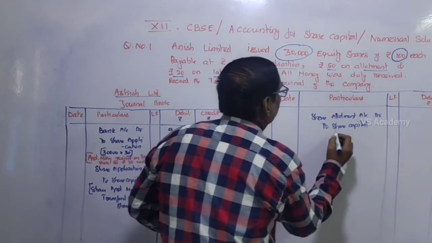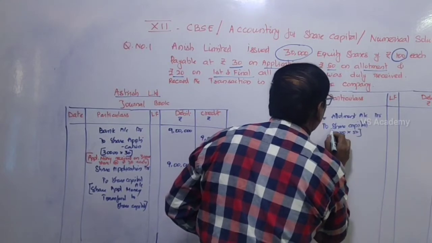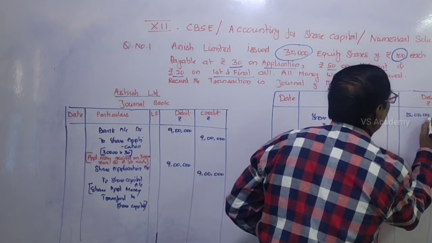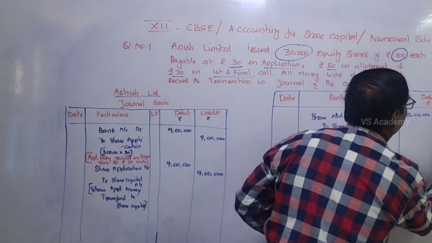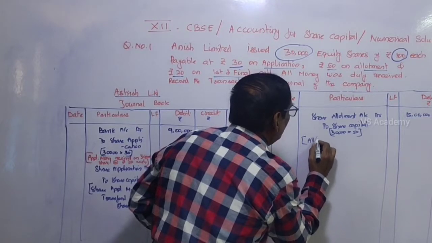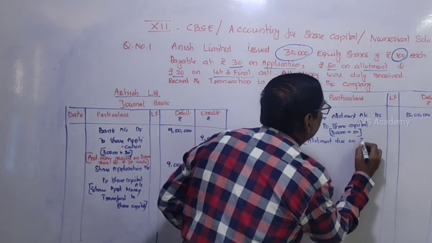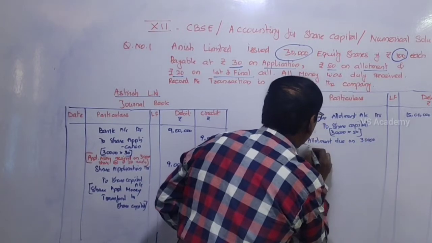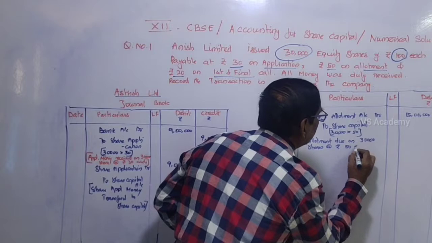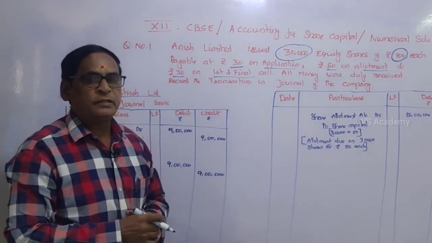How much? 30,000 shares into 50 rupees, so 15 lakh rupees we have to make as the due entry for share allotment. Narration: allotment due on 30,000 shares at rupees 50 each. This is the due entry we have to pass.